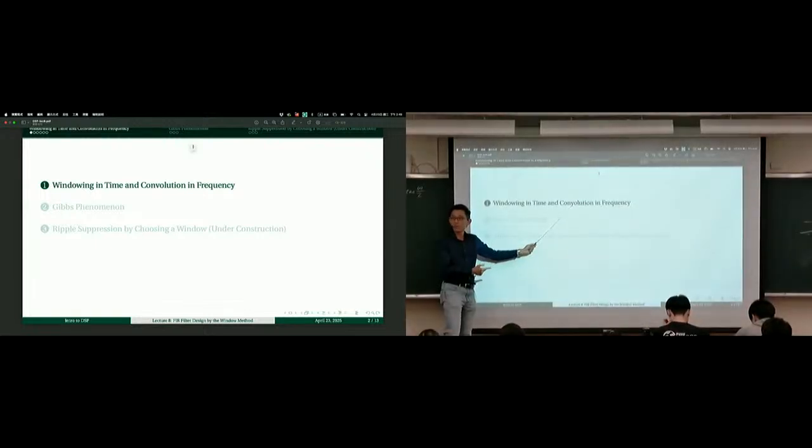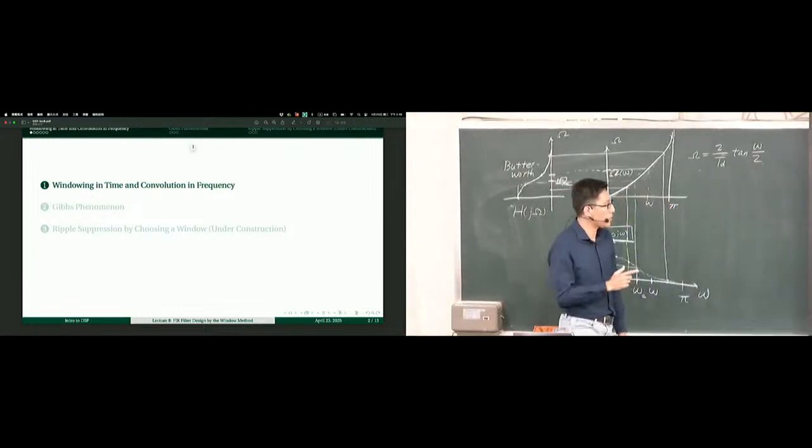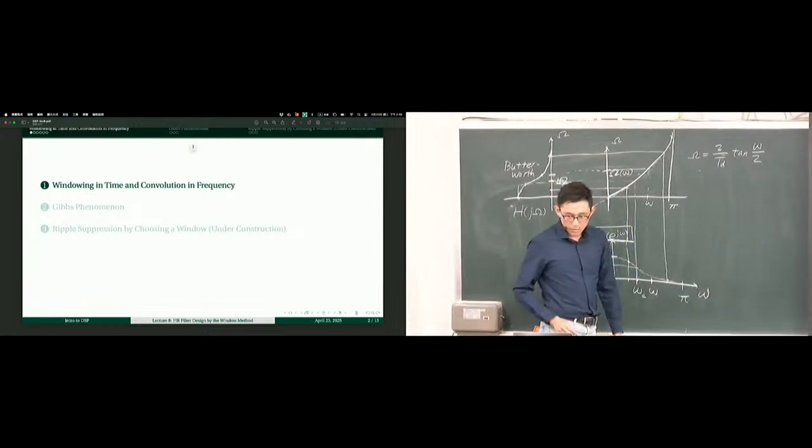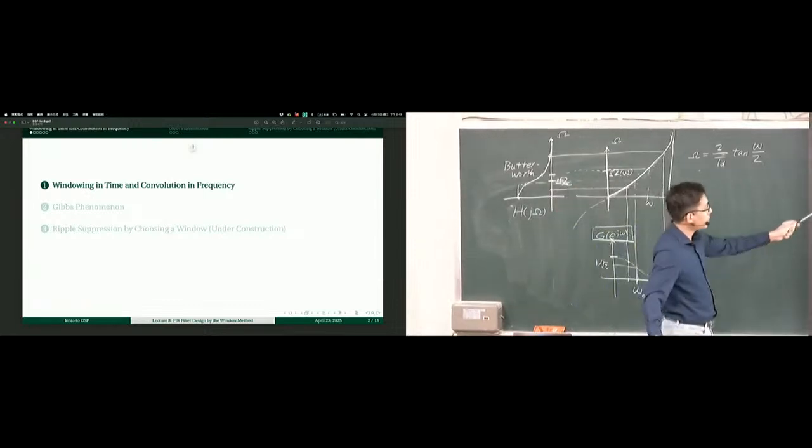We know this. Because multiplication in time indeed results in convolution in the frequency domain. That's for sure. But the context you should think through a bit, it could be confusing. And then outline number 2, in the design process, we will touch on this Gibbs phenomenon. Okay? We'll encounter Gibbs phenomenon. Okay? Exactly how.